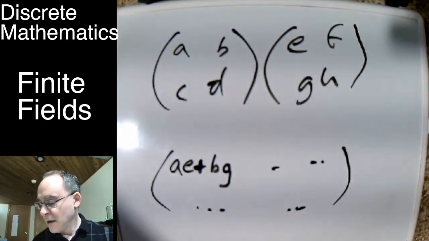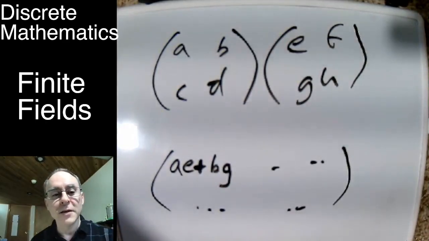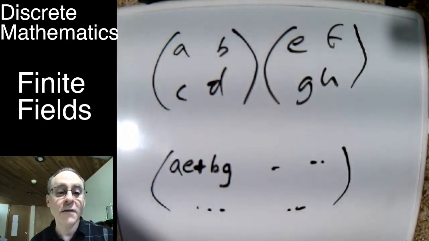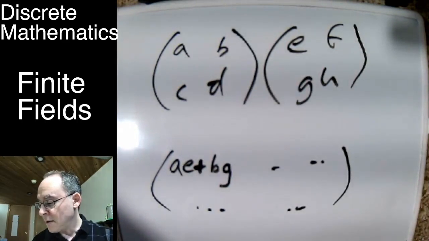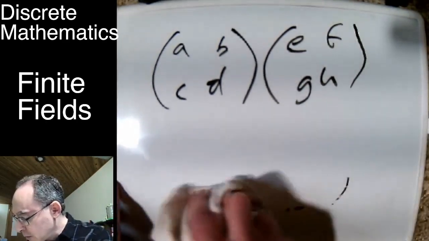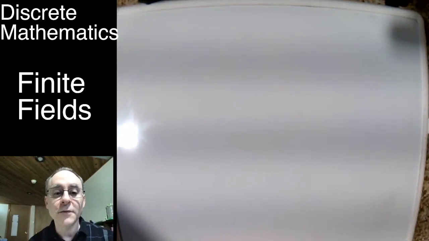But since we're doing a discrete math course, what's more interesting for our purposes is you can also have matrices over a finite field. In particular, a finite set of integers. So we can have matrices over the integers modulo some number, and then we just have to construct our multiplication and addition tables like I've shown.